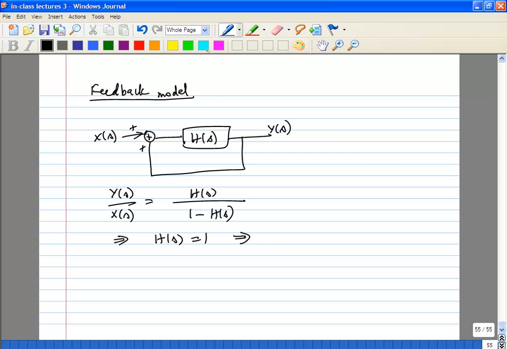So H of S equal to 1 is the condition for oscillation. I think you guys must remember this. These are called the Barkhausen criterion. You have heard of this name, Barkhausen?